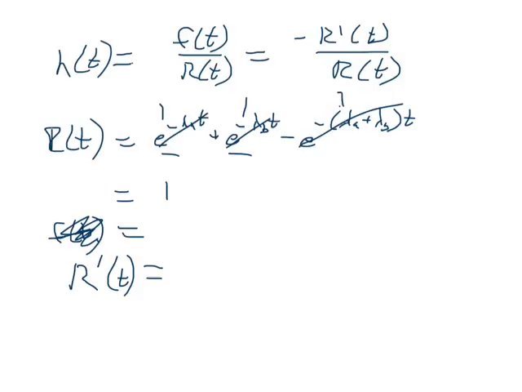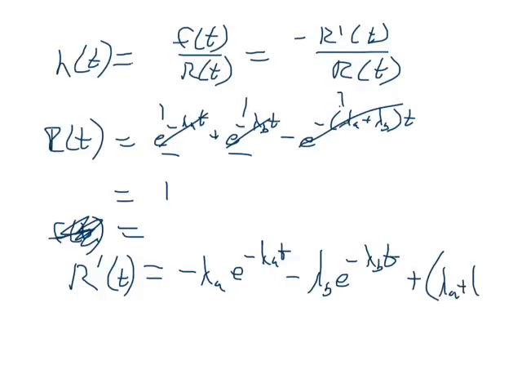So we bring the minus lambda a in front, e to the minus lambda a t, minus lambda b, e to the minus lambda b t, and then plus lambda a plus lambda b, e to the minus (lambda a plus lambda b) t. It doesn't matter what that term is, it's multiplied by t. The point is that these t's are all going to be 0 in this case, because we're looking for the hazard rate at t equals 0. And when t goes to 0, each of those exponentials becomes 1.